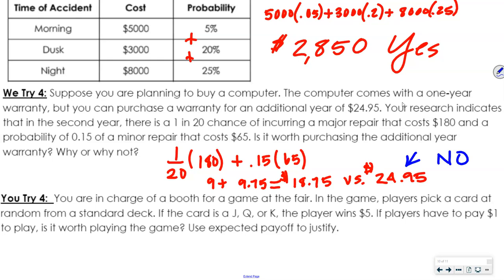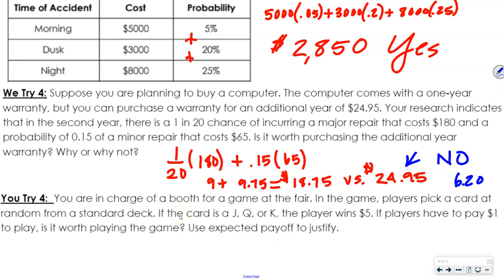Whoa, I didn't do that right. $24.95 minus 18.75, so it's a $6.20 difference. So again, are you willing to spend $6.20 more than your risk? That's up to you. All right, do the "You Try" and come back to me when you're done.